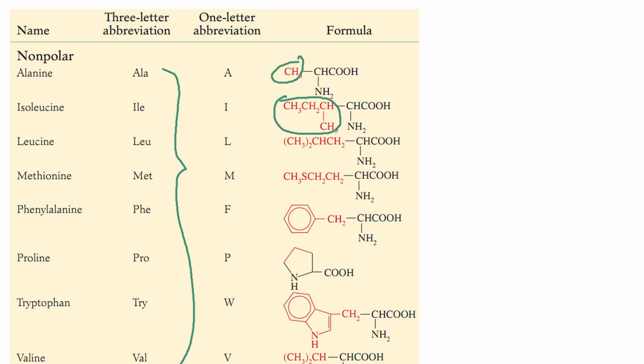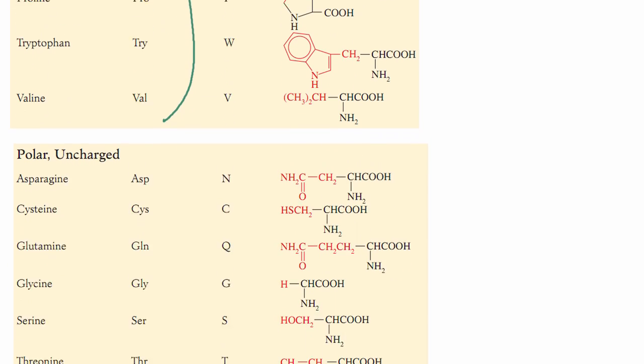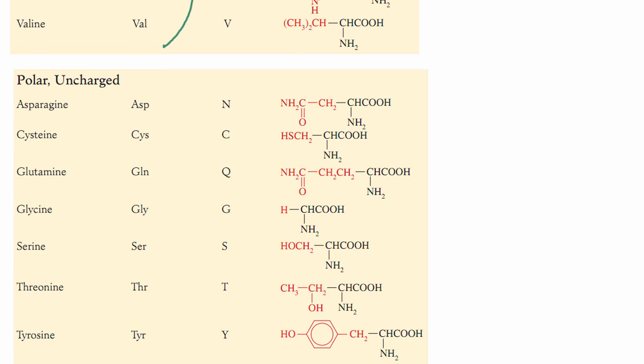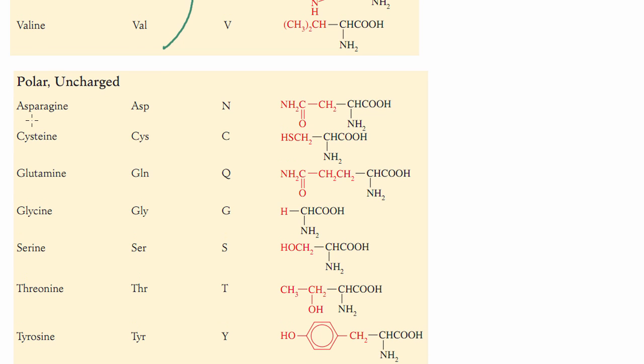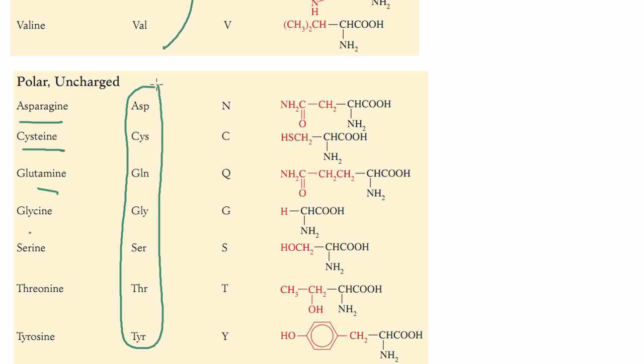Let's take a look at the polar uncharged amino acids. Again, they're all listed here: cysteine, glutamine, glycine, threonine, tyrosine, and so on. Again, the 3-letter abbreviations for these amino acids. Let's take a look at the side chains.